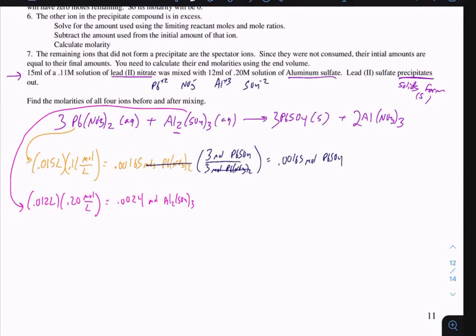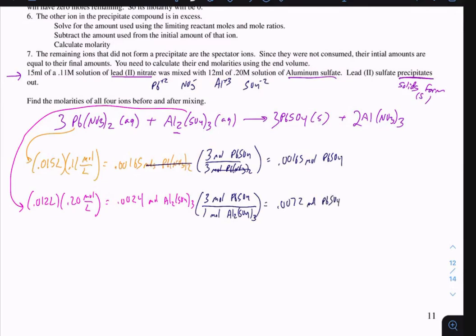Let's do this again for the second reactant. 3 moles of PbSO4 over, the coefficient on aluminum sulfate is 1. Okay, so 0.0072. All right, decision time.